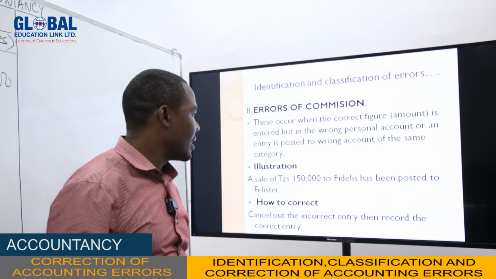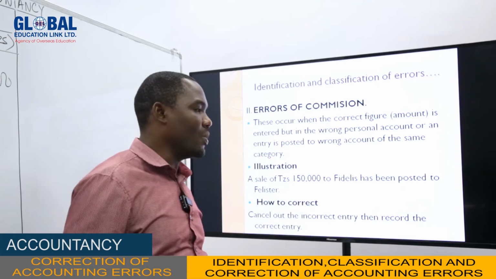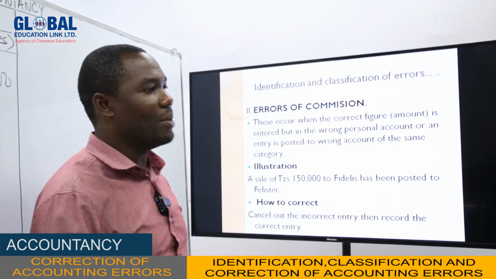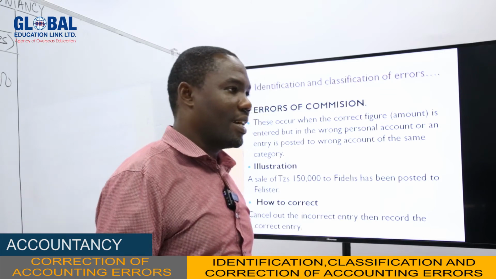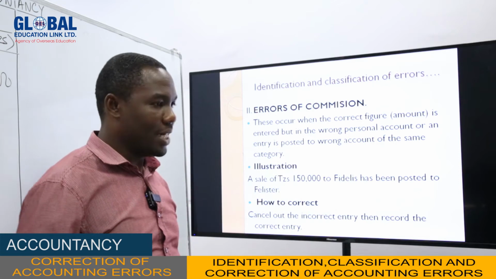The same applies to, say, a revenue account with another revenue account. It may be rent receivable: instead of recording to rent receivable, you record it to commission received. So you will have committed an error of commission.